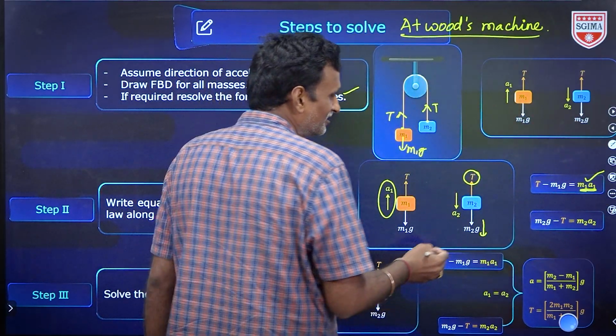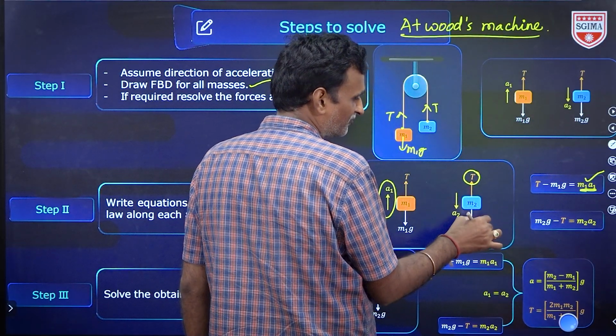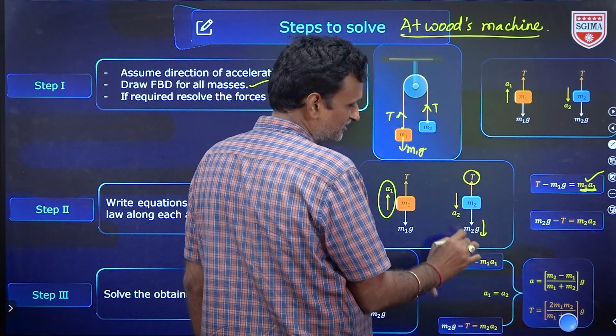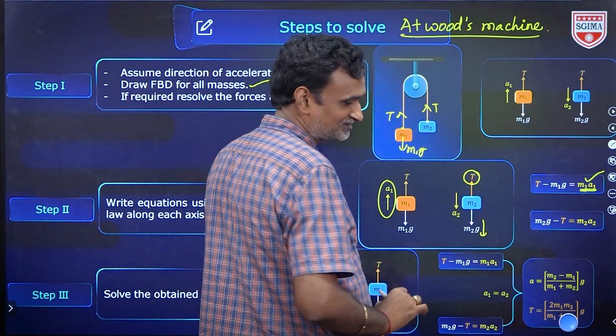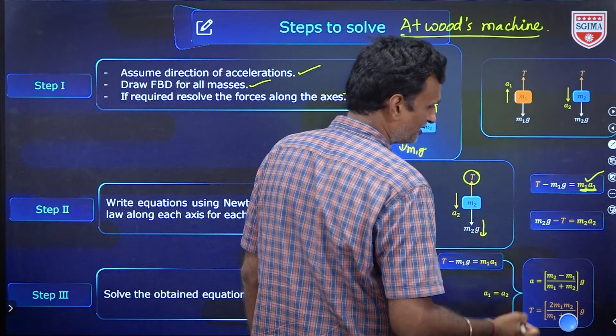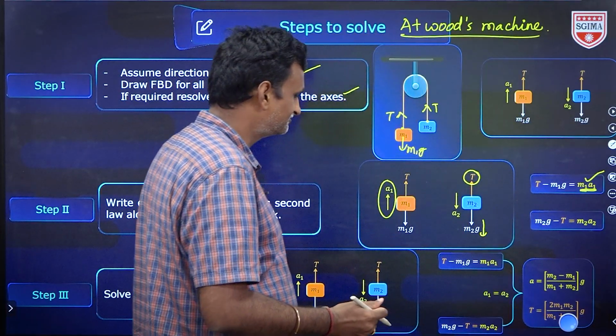Next here, M2G downward, and because it is going downward only, M2G is the larger force. M2G acts downward generally as weight force, but it is more because its acceleration is downward. So M2G minus T equal to M2A2. So we need to solve these two equations generally. Okay?